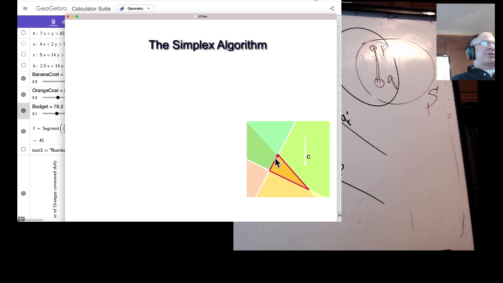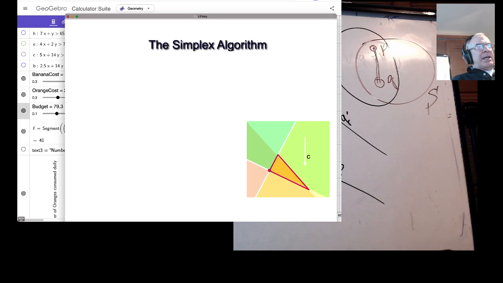So I'll pick an edge that will improve it and walk along this edge until I hit another vitamin constraint. I cannot keep on going along this edge. However, as I moved along this edge, I improved my cost. I paid less. I improved my cost, but I cannot continue any further.